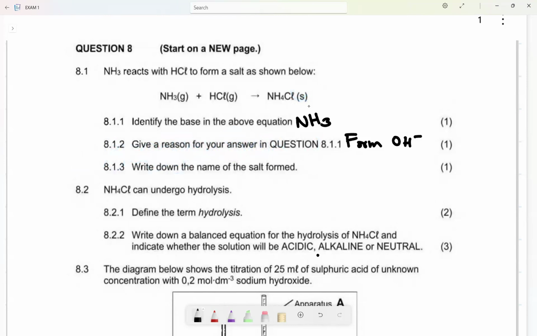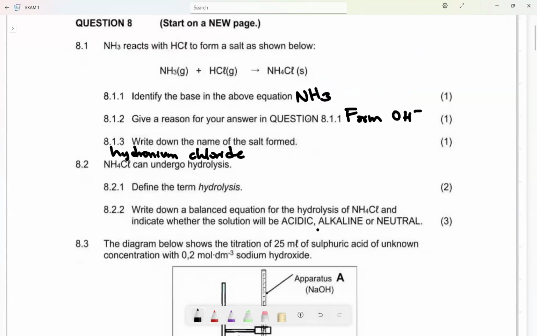Remember, NH4 plus, this is ammonium, and this is Cl. So ammonium plus chloride ions is going to form ammonium chloride.